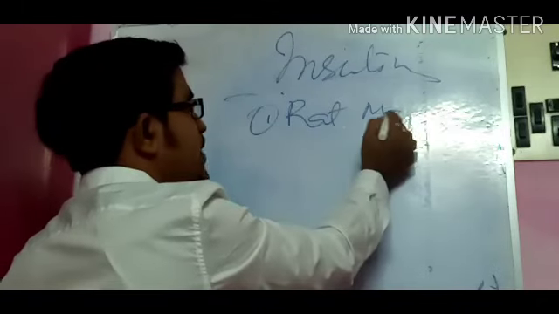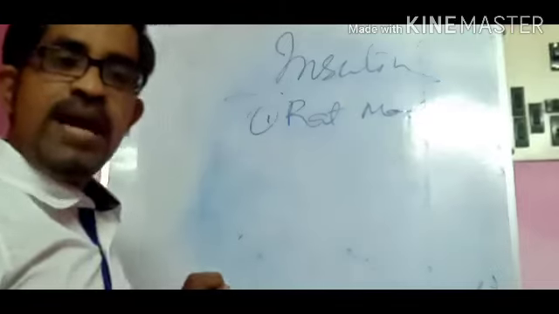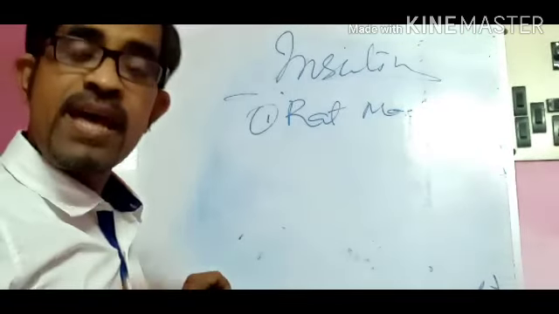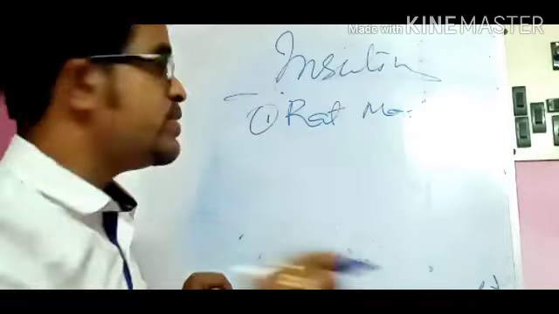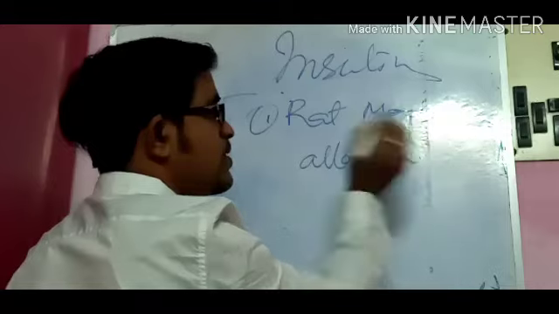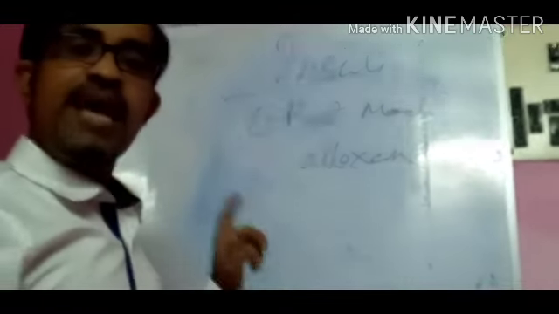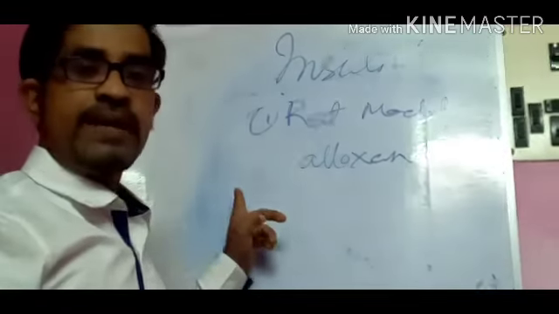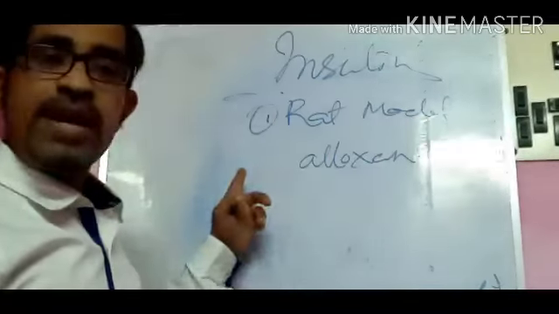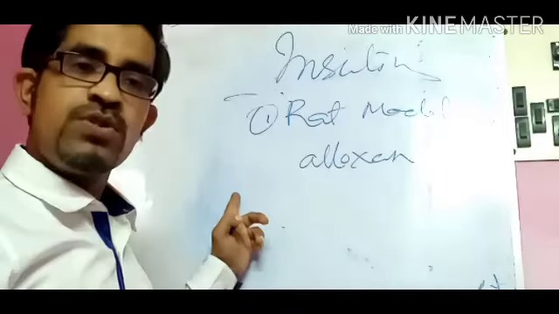Rat model. Albino Wistar rat we are taking here, and we are making this rat diabetic by using alloxan. We are injecting alloxan into the rat. Prior to injecting, your rat should be tested for glucose level.